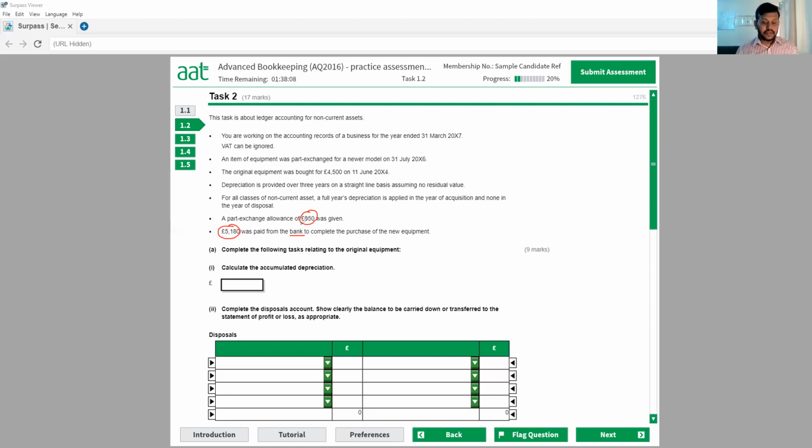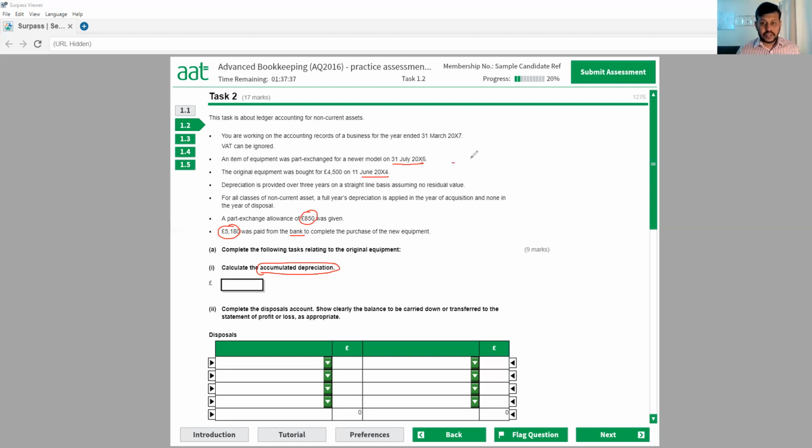Okay. Now the first one they're asking: calculate the accumulated depreciation. Accumulated depreciation means total depreciation up to the disposal date of this asset. When did we buy the asset? We bought in June 2014 and sold it in July 2016.